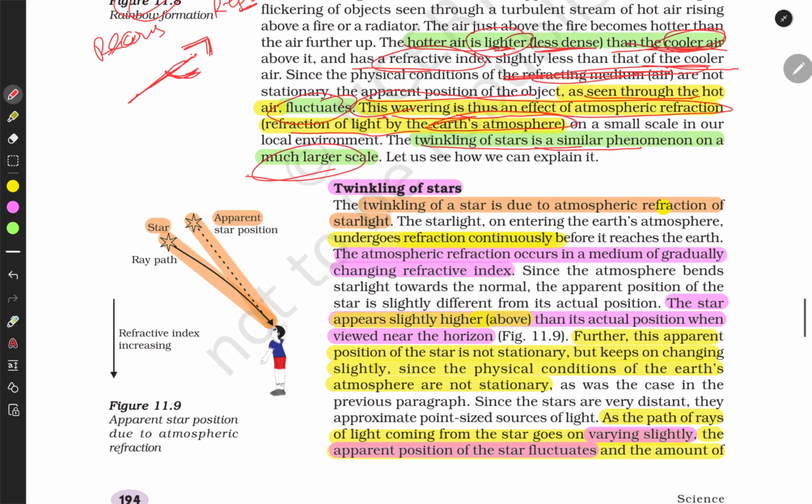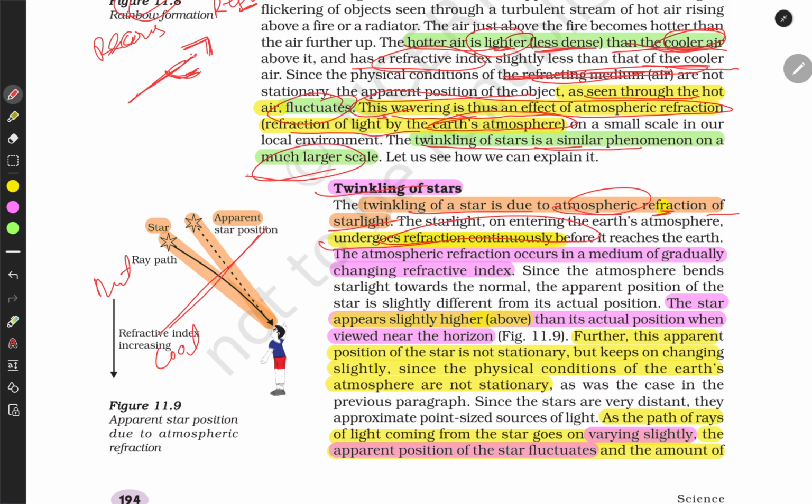So let's talk about the twinkling of stars. Twinkling of stars is due to atmospheric refraction of light, which undergoes refraction continuously because there is hot air and cool air. It's not like there is any sharp layer between hot and cool.